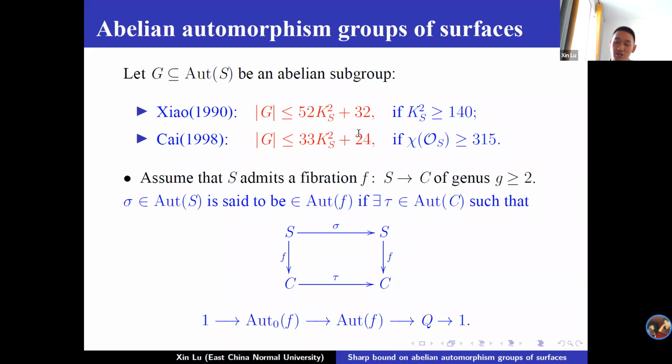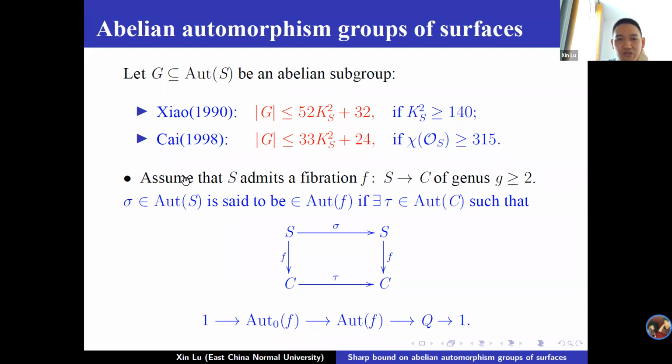One such successful attempt is the fibered surface case. So suppose that S admits a fibration. Here f is a fibration from S to a curve C, whose general fiber is a curve of genus g at least 2.